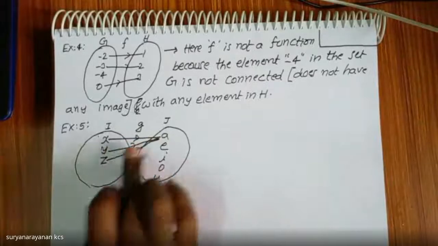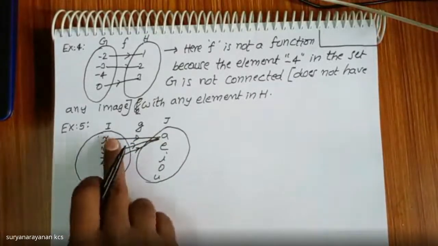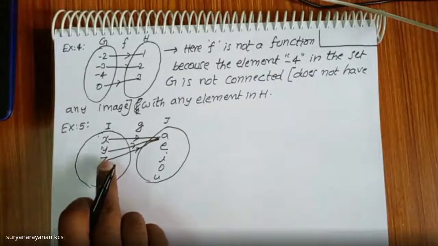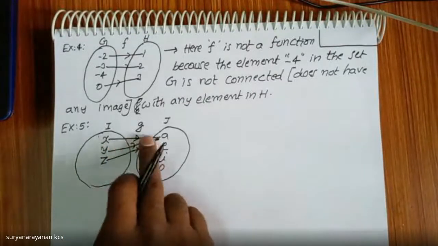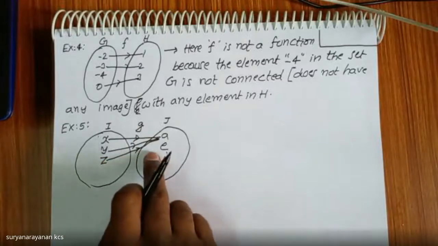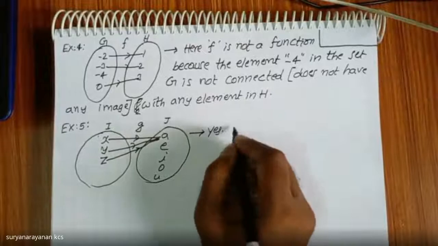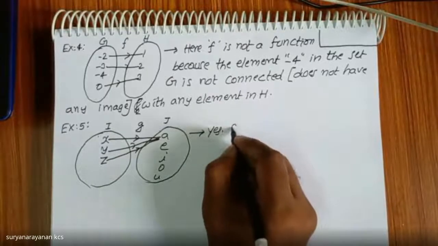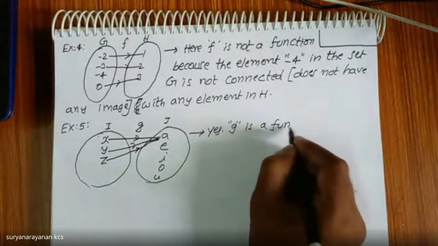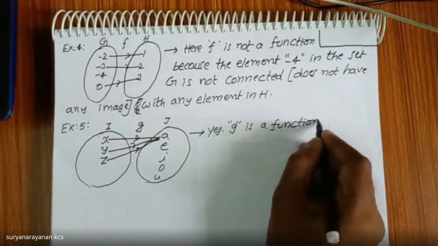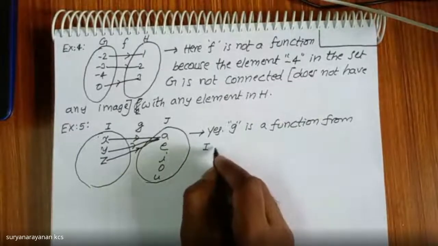Every element is connected. That is the first condition. And the second condition, every element in the first set has one and only one image in the second set. Yes. So G is a function from I to J.